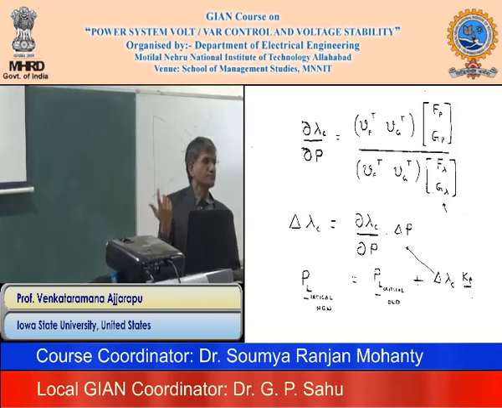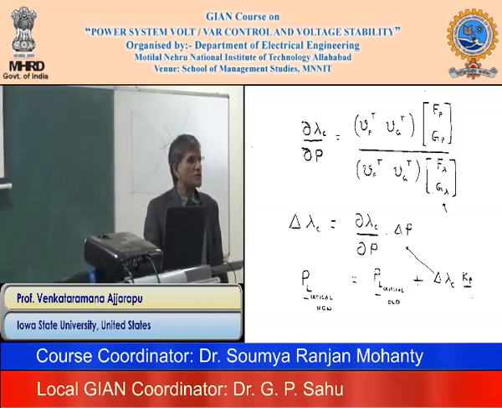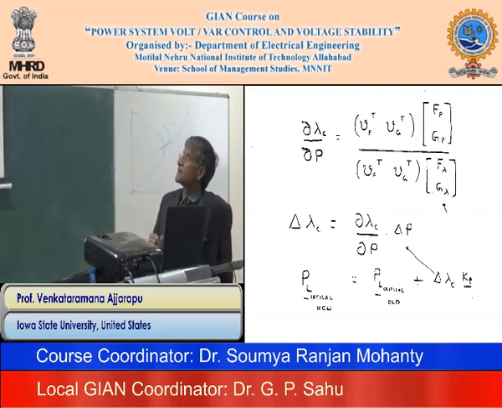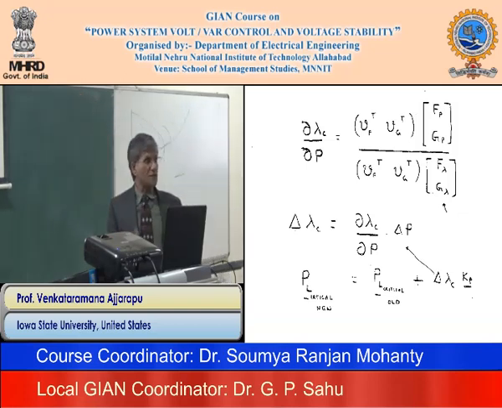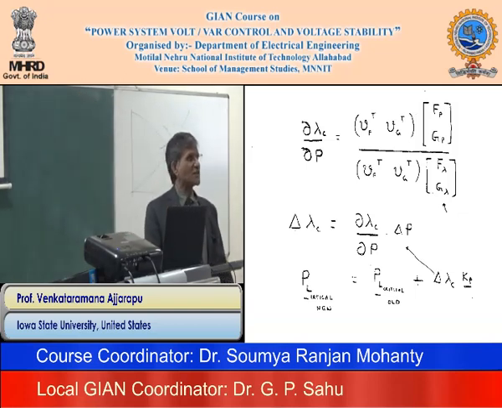That's another computationally intensive step. If you are using it just for margin sensitivity, first you need a critical point, and this critical point should be very, very close, because the left eigenvector is valid only very close to the critical point. So some of the distinctions are there.